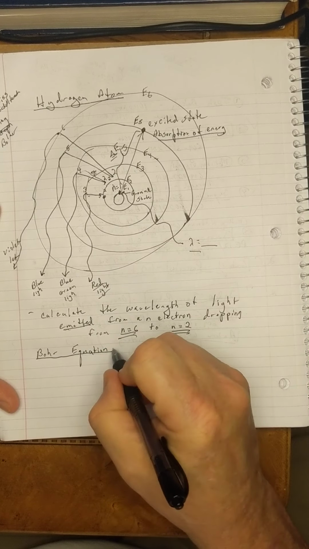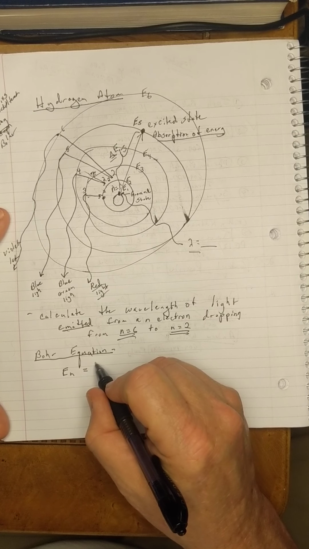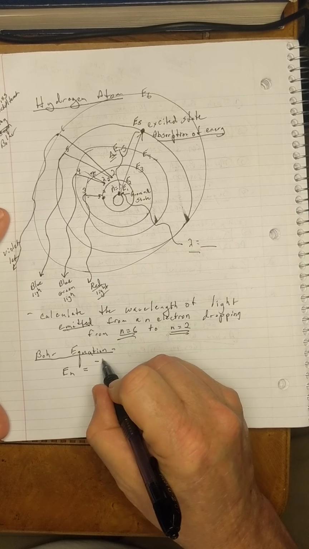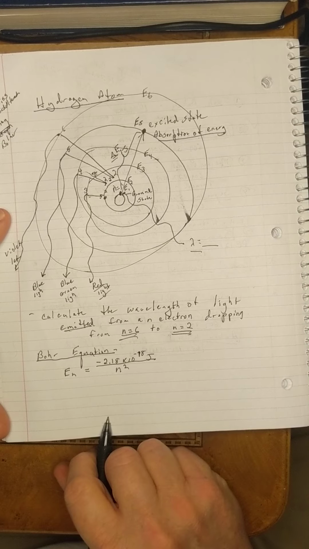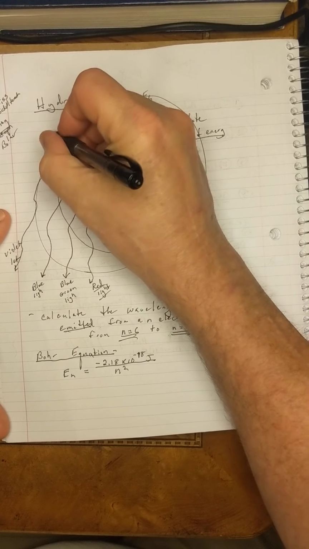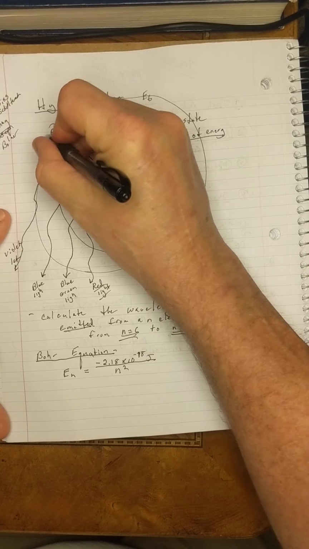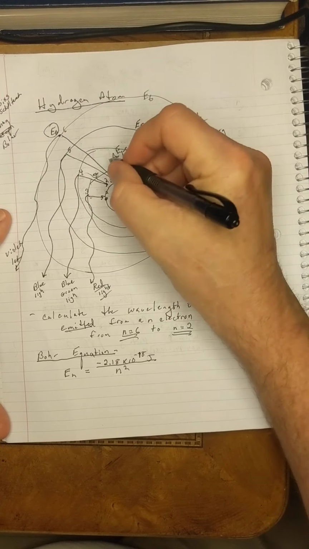But for hydrogen, there's a constant number, negative 2.18 times 10 to the negative 18th joules divided by the energy level squared. And that's how I can calculate the energy at level 6, and I can calculate the energy at level 2.